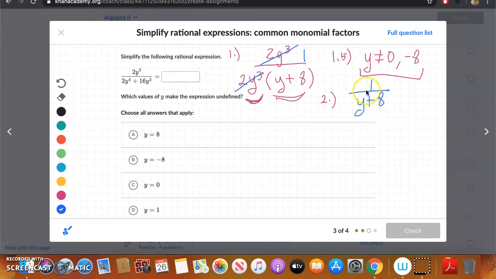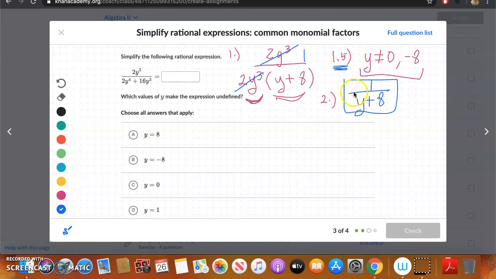Okay, I want to stress to you guys that you have to do 1.5 before 2. If you try to find the restrictions on the domain using 2, look, you're going to be missing the 0, correct? You only have y plus 8. The 2y cubed canceled out. So then you're not going to get the 0 restriction. So always find your restrictions before you start canceling.